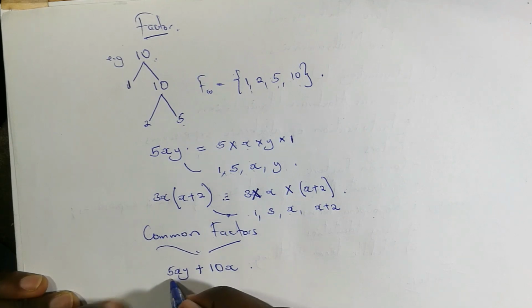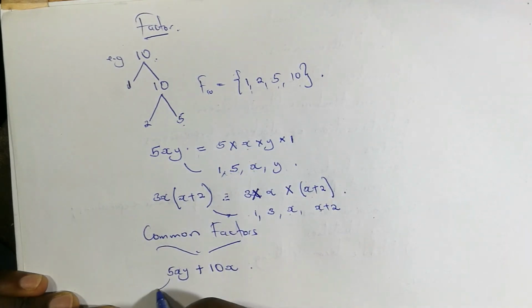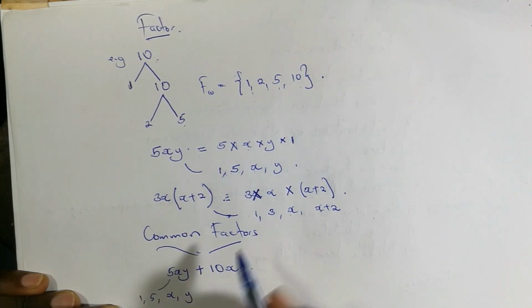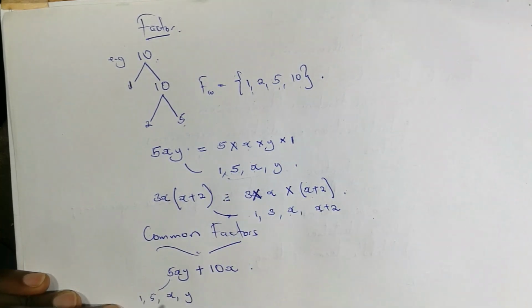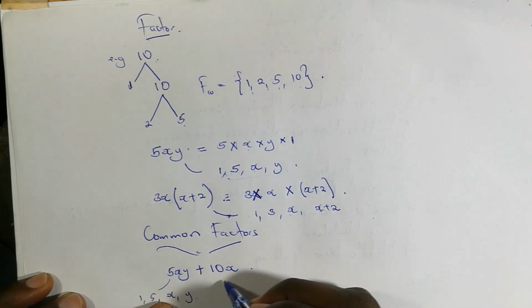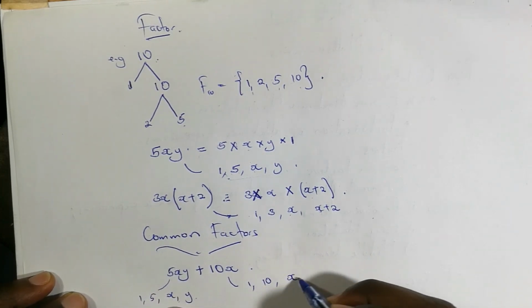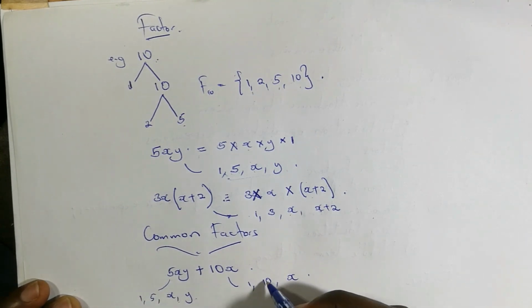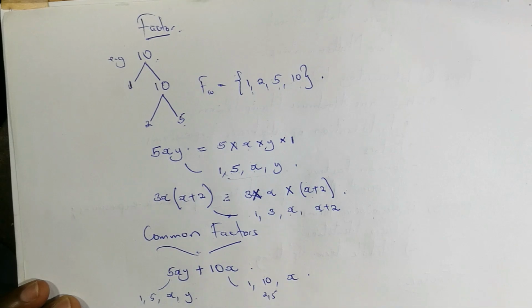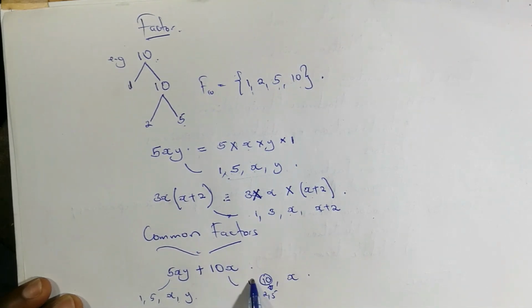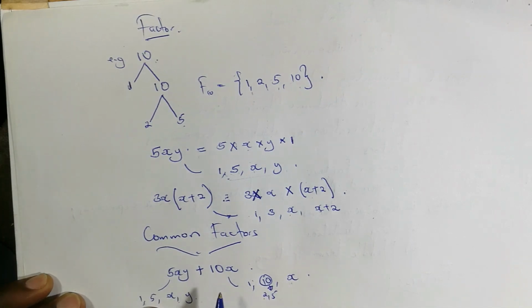If you see the factors of this one we looked at there, we have 1, 5, x, y, because they multiply themselves to give that. Then this one has factors of 1, 10 and x, but 10 is further split into 2 and 5. So we have 1, 2, 5 and x on this side, and right here we have 1, 5, x and y.